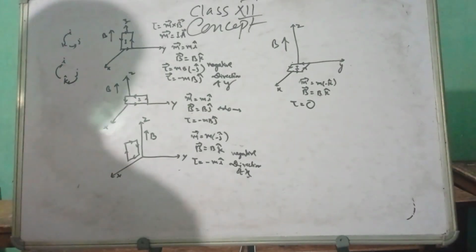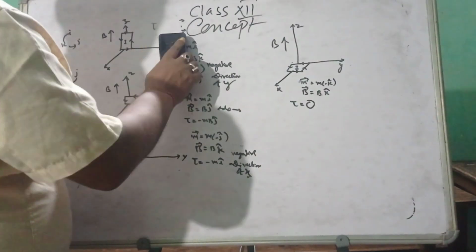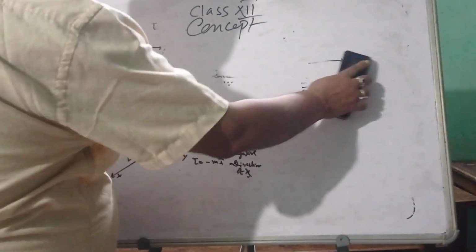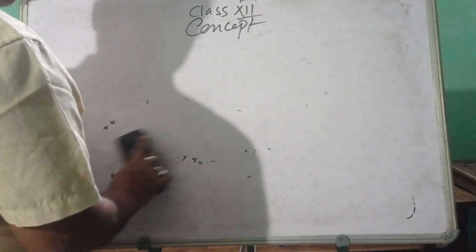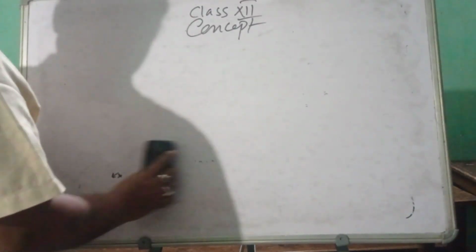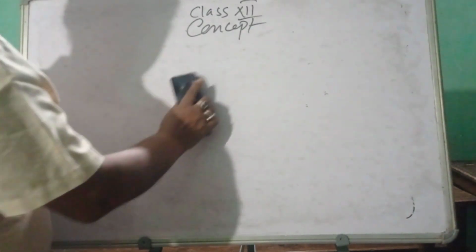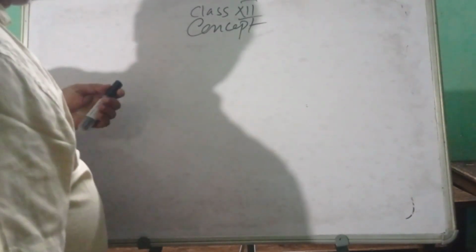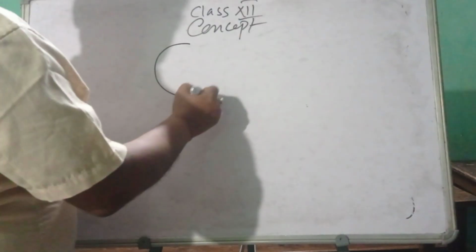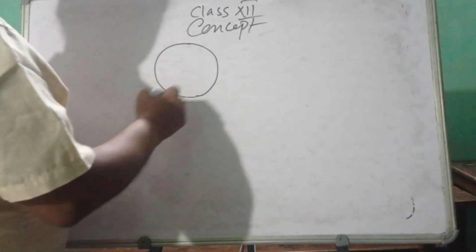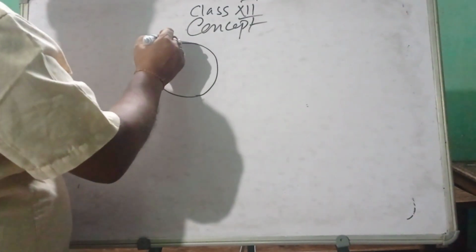Now similarly, let us take a second type of concept. Let us consider a ring. It's a metallic ring, and it is in a uniform magnetic field.